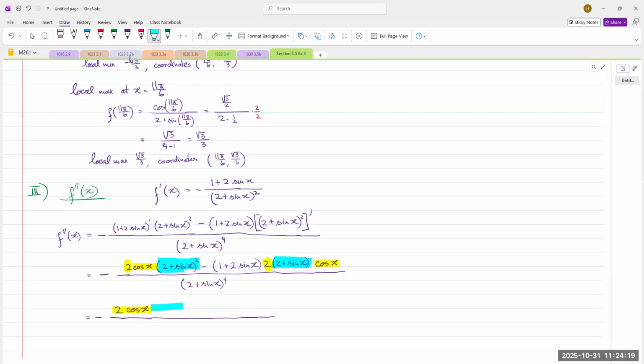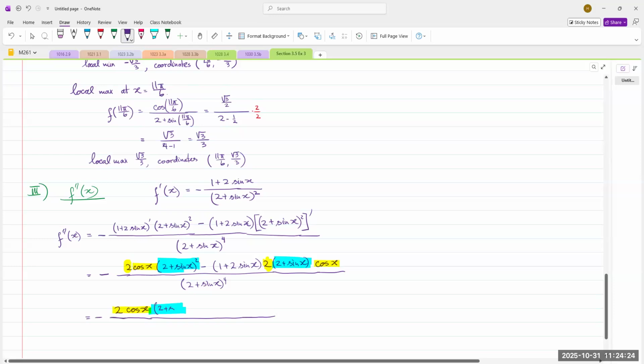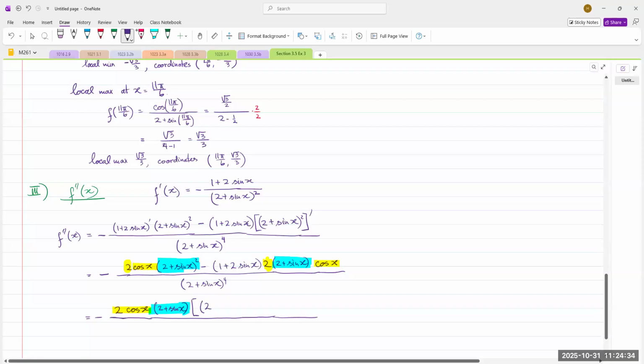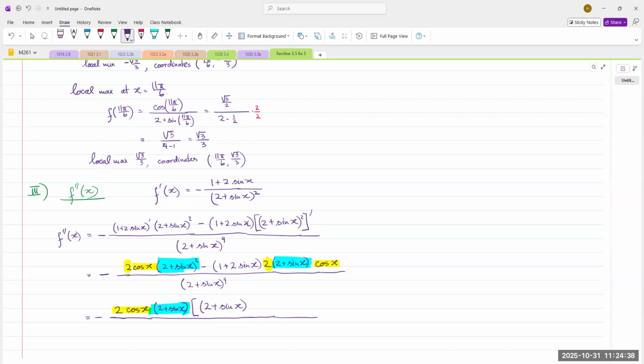So 2 plus sine x. So in the first term, I have another 2 plus sine x not accounted for. And then in the second term, I have 1 plus 2 sine x not accounted for.